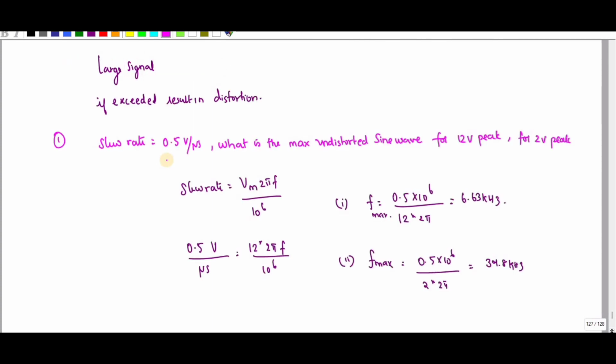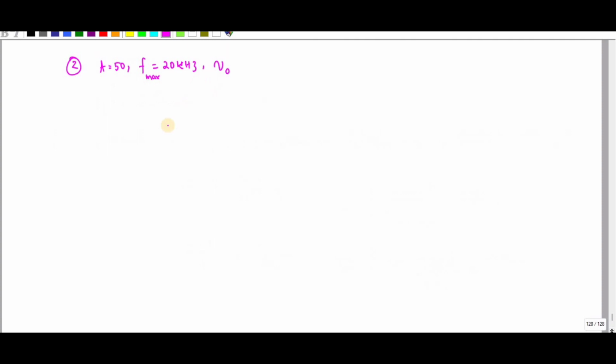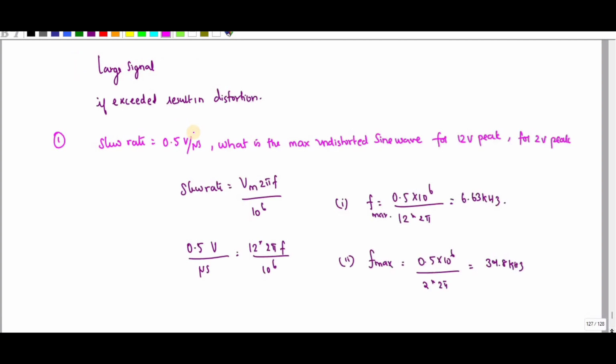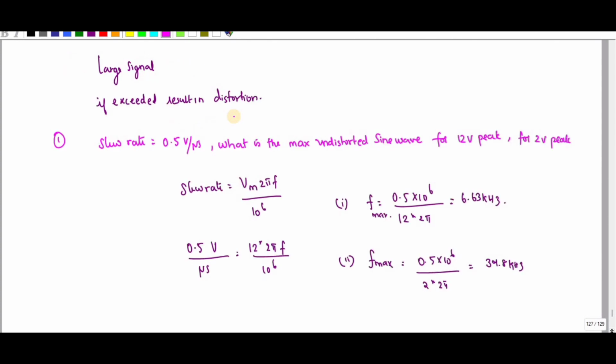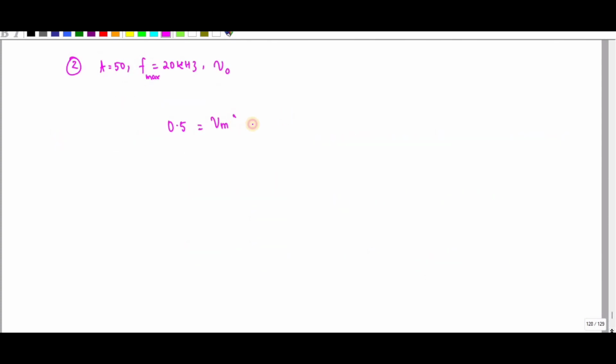Substitute in this formula: slew rate is 0.5, Vm is unknown, into 2 pi f, with 20 kilohertz divided by 10 power 6.